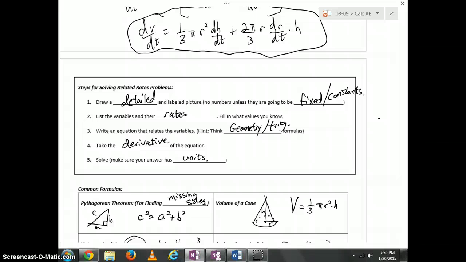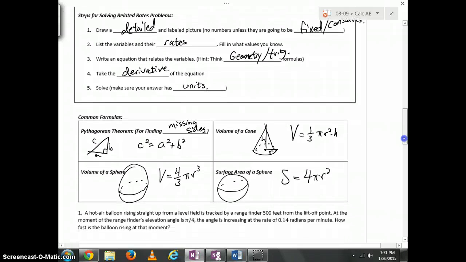As you're looking at the picture, something will jump out where you can relate the variables and the constant perhaps together. Think geometry and trig formulas, and we'll get into that in just a moment. Then take a derivative of the equation, with respect to time, of course. Solve for whatever piece of information you are looking for as a final step.